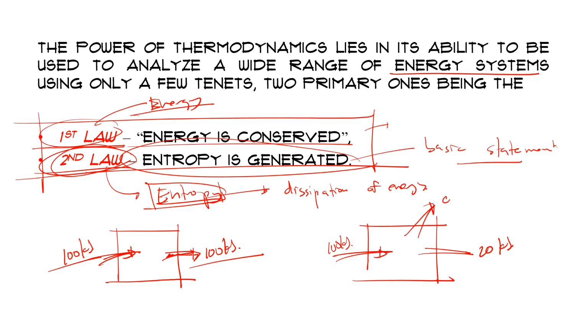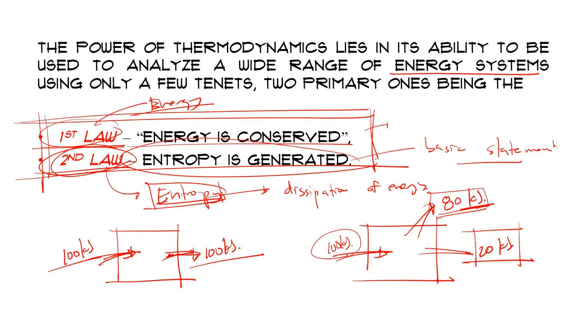So that means the 80 kilojoules of energy is lost into the surroundings. So we can only use less than 100 kilojoules because there is this dissipation of energy.